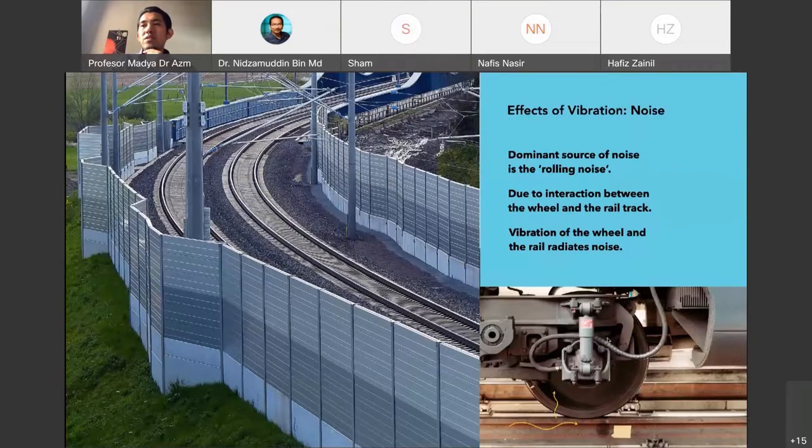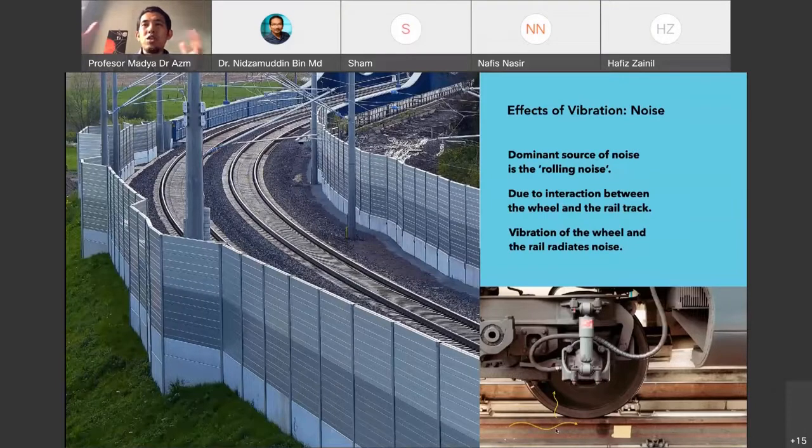From the train, the most significant noise is not actually from the machines of the train, but from the friction between the wheel and the rail. Because of that friction, the rail is vibrating, mainly at low frequency, and that noise is very annoying.